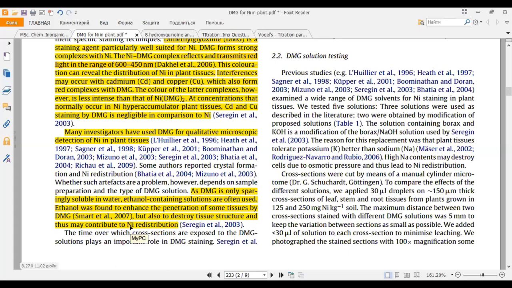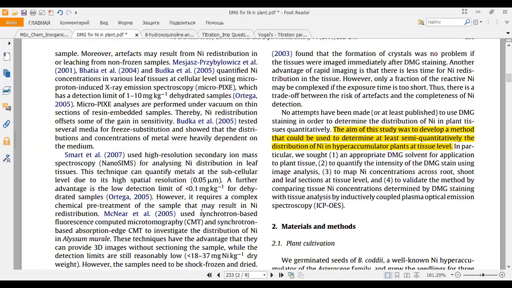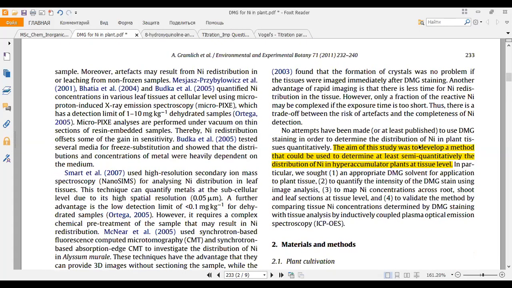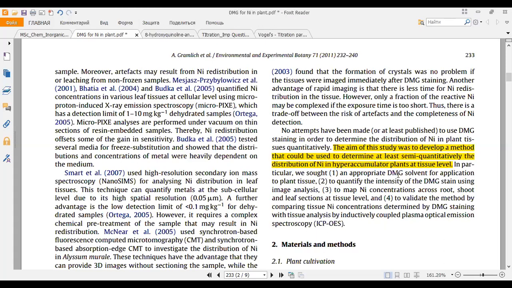Okay, so what this is telling you is overall research is not that easy and there are several challenges. Okay, so the aim of this study is to develop a method that could be used to determine at least semi-quantitatively the distribution of nickel in hyperaccumulator plants at tissue level.